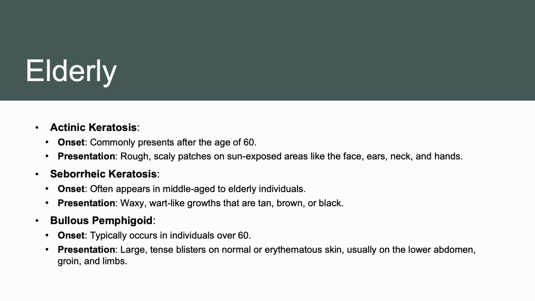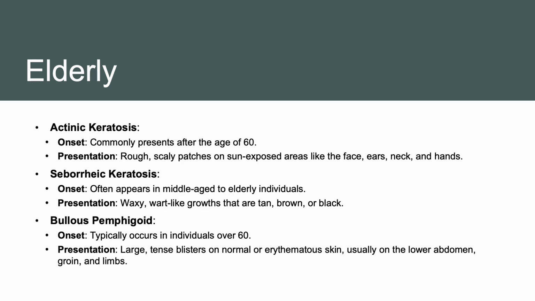Seborrheic keratoses often occur in middle-aged to elderly individuals, although it can happen in anyone typically over the age of 30, with the waxy, wart-like growths that are tan, brown, or black. And then bullous pemphigoid typically occurs in individuals over 60 with large, tense blisters, vesicles, or bullae on normal or erythematous skin, usually on the lower abdomen, groin, and limbs.